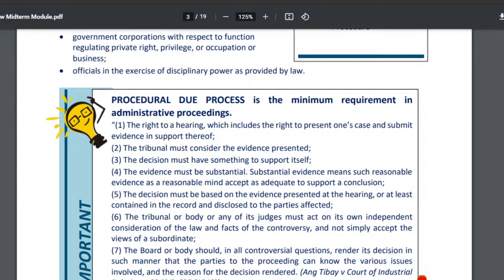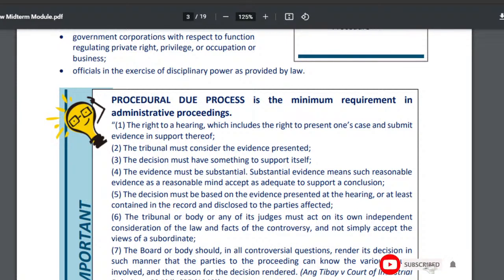What do we mean by this? Because there are some subordinates, right? They are so intelligent, they're so smart that sometimes you are convinced that what they're saying is the truth, or the one that you would be basing your decision on. So na mga subordinates ngayon, you cannot just simply accept the view of your subordinate.